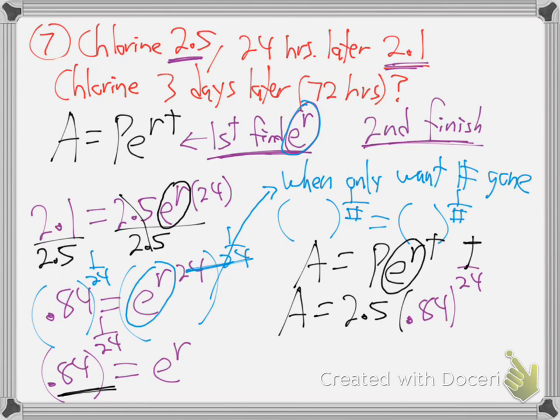So there it is. Now we're ready to finish the problem. What's their final question to me? 72 hours later. So I just plug in 72 for t, and just hit the buttons on your calculator.